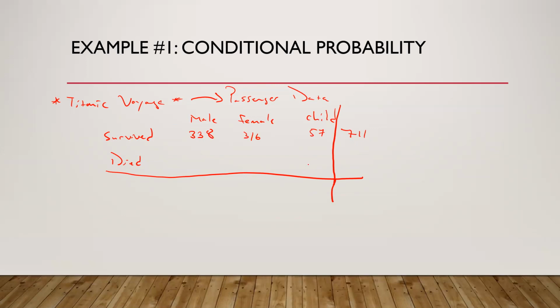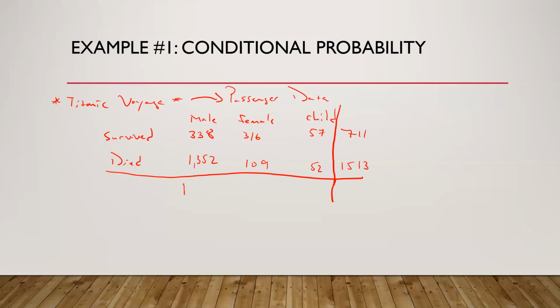Now, unfortunately, let me give you the sad part, the people who died. There were 52 children on the Titanic who died. There were 109 females who died. And then there were 1,352 males who died. So the number of people who died on the Titanic is 1,513.